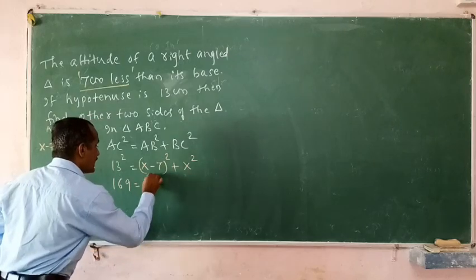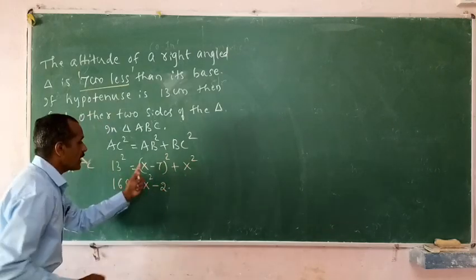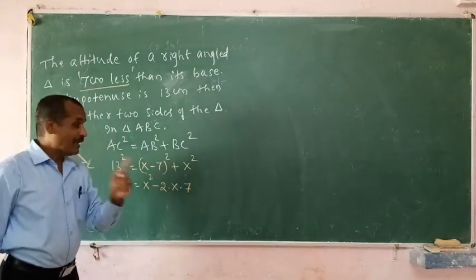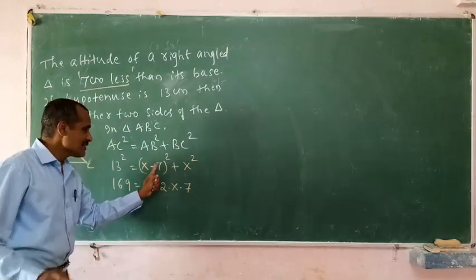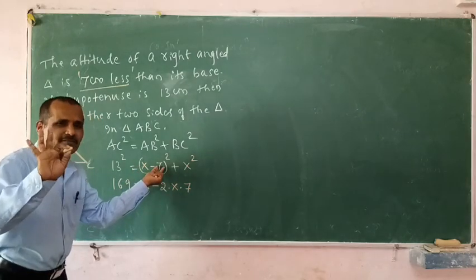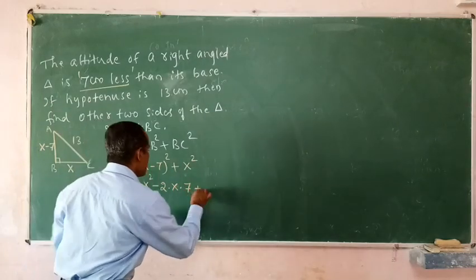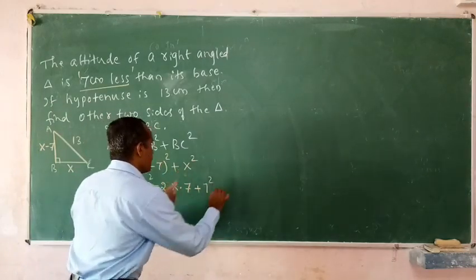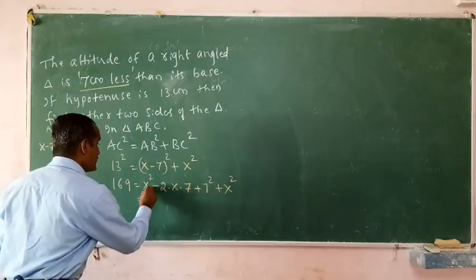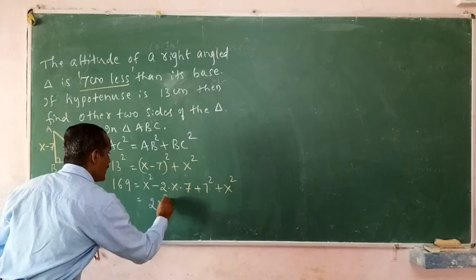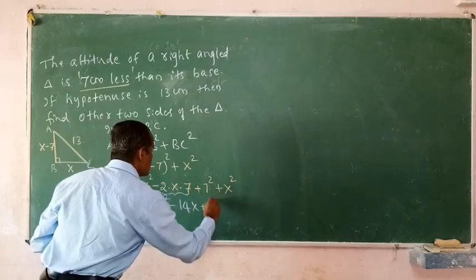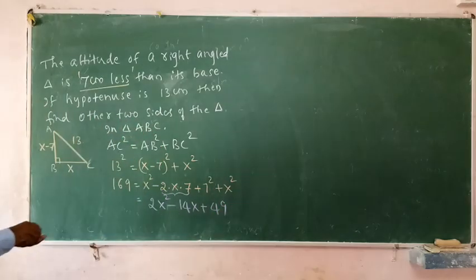A square is x square, minus 2 into a into b. My dear children, b is not minus 7. This is 7 only because it is in the form of a minus b. B means 7. Plus b square, 7 square, plus x square. Simplify. x square plus x square, 2x square, minus 14x plus 49.